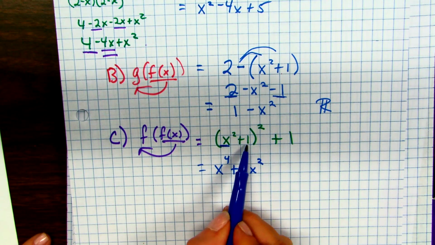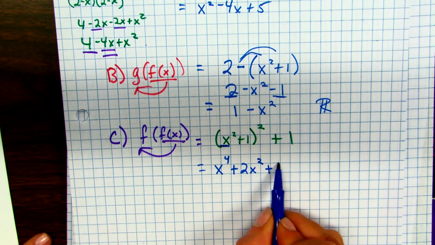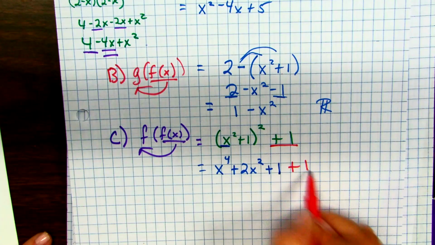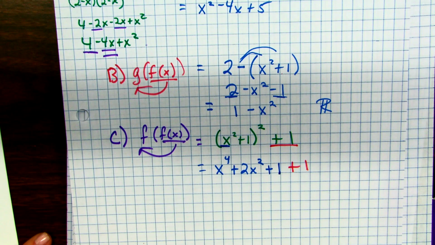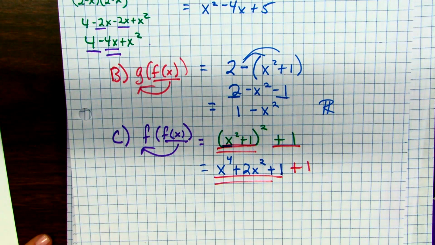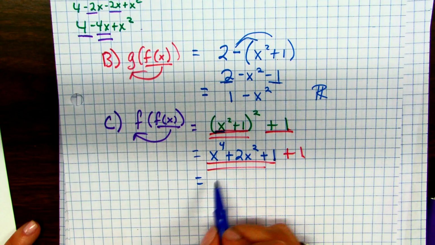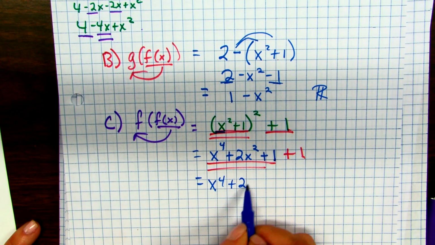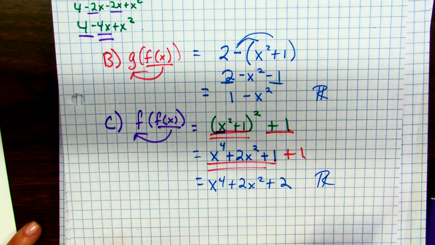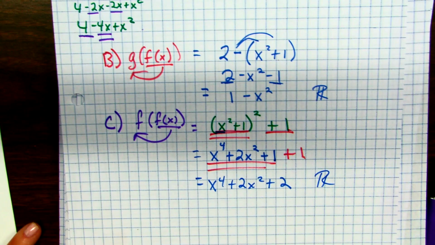And then square your last term. 1 squared is just 1. But don't forget, there's this plus 1 also added on the back. This is this. And that is that. Okay, and so there's only one last thing to simplify, and that would be to add 1 plus 1. All real numbers again. No fraction, no radical, no problem.